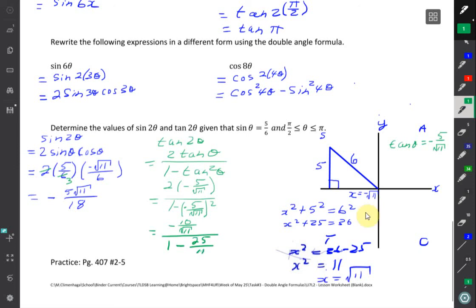Now I need to continue simplifying this. I'm going to carry on at the top here. Minus 10 over the root of 11 is equal to, 1 is the same as 11 over 11. So 11 minus 25 is minus 14, all over 11. At this point, I need to invert and multiply.